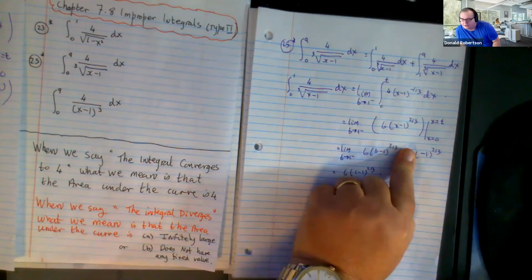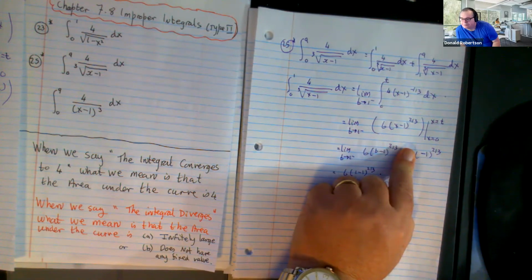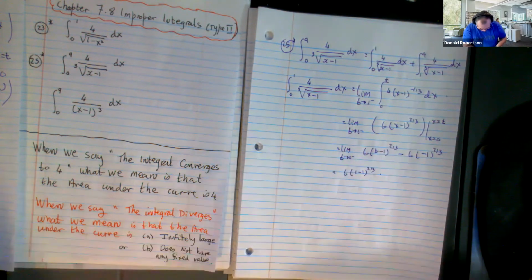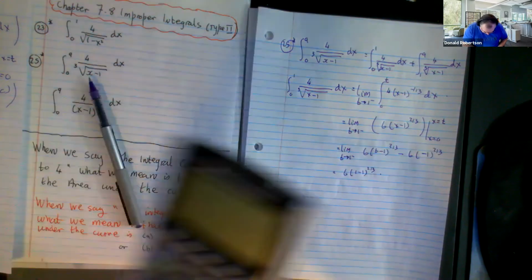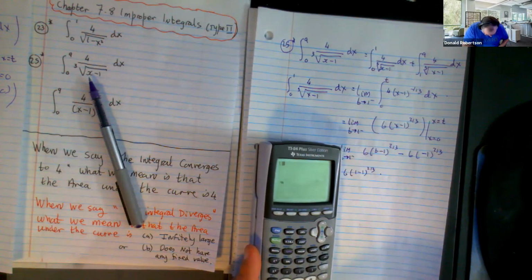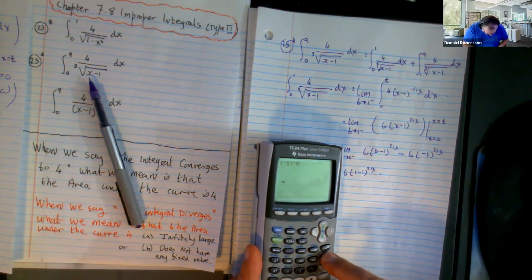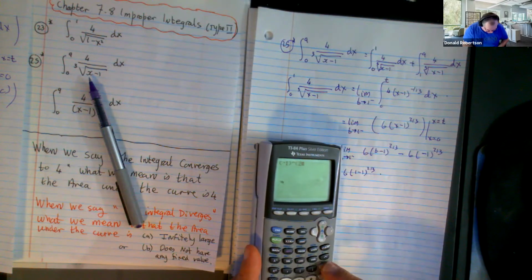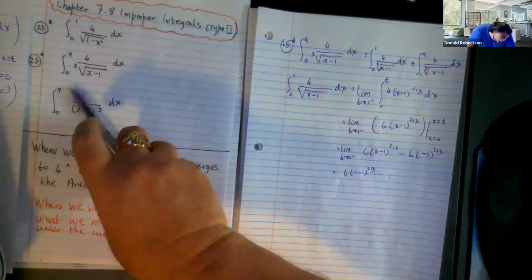What value is negative 1 to the power of 2/3? Well, if you don't know, you could do it in your calculator, can't you? That's why fractional powers with negatives are quite weird things. It might be that the calculator will have a problem with it because fractional powers are ugly, but not this time. The answer's 1. So negative 6 times 1 gets you negative 6.